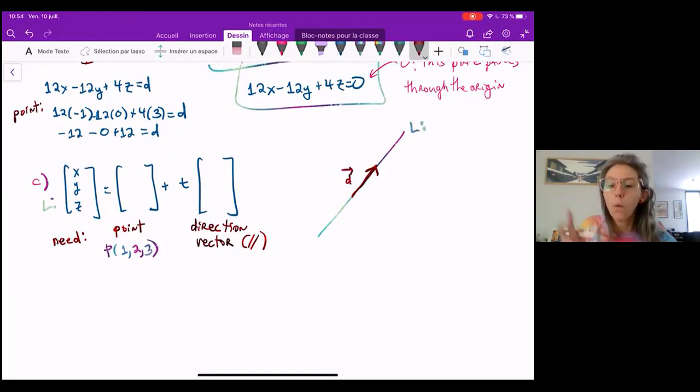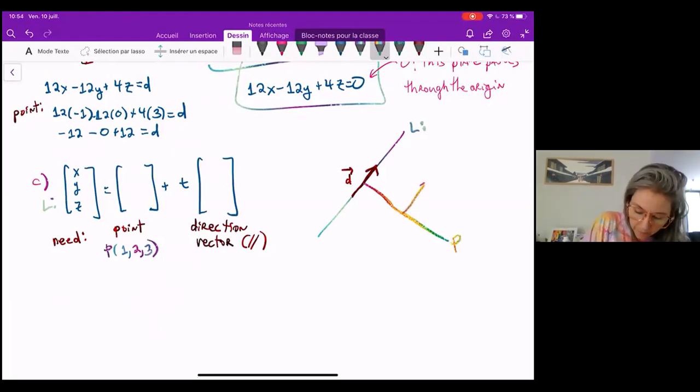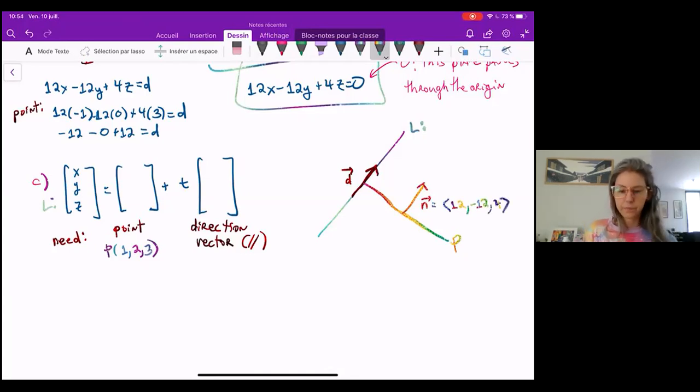And then what I have is I have this plane. And this plane right here should be perpendicular to L. I also have the normal vector for this plane. So this is the stuff that I have.